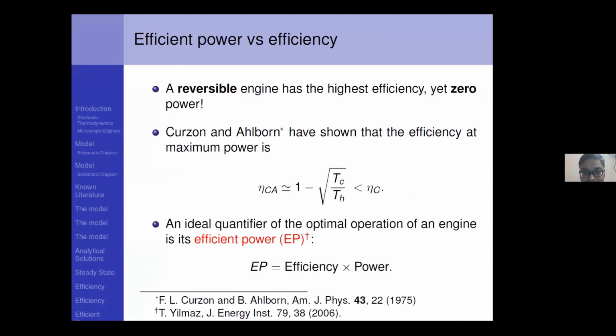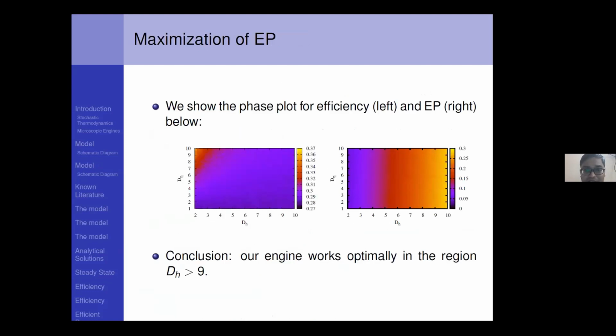So the more reasonable thing to do is to optimize this quantity, efficient power, instead of either efficiency or the power. And this is what we have done here. Now you see there is a stark contrast between the behavior of these quantifiers. On the left hand side, we have shown the earlier plot.